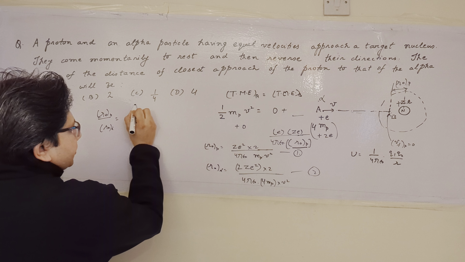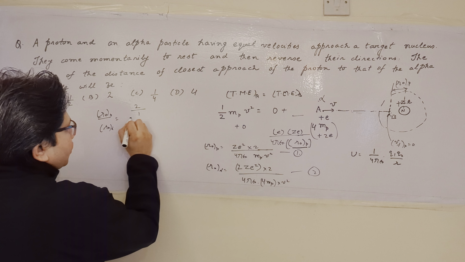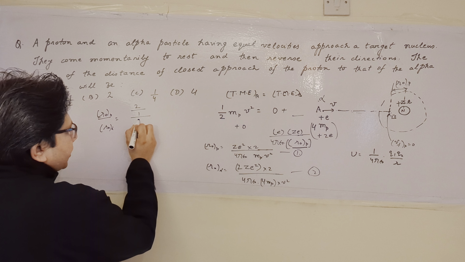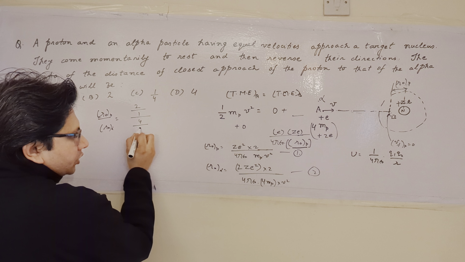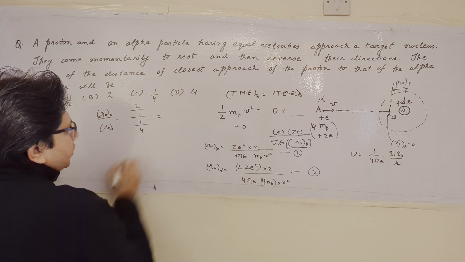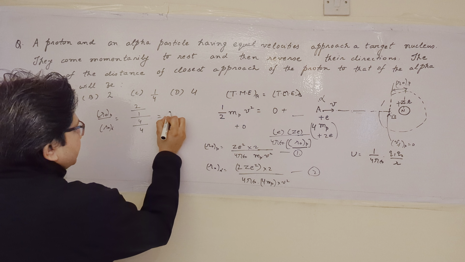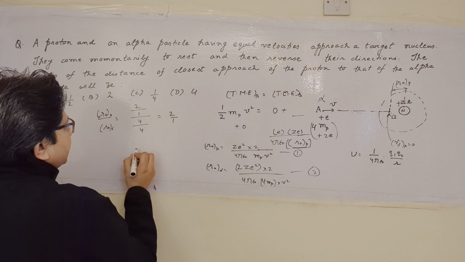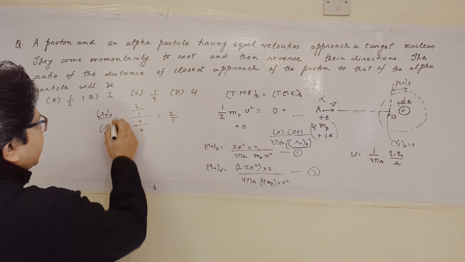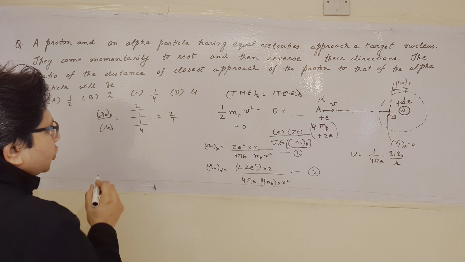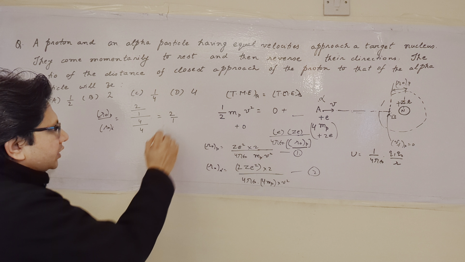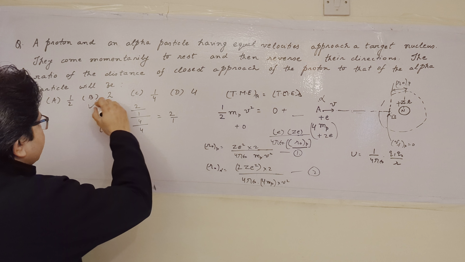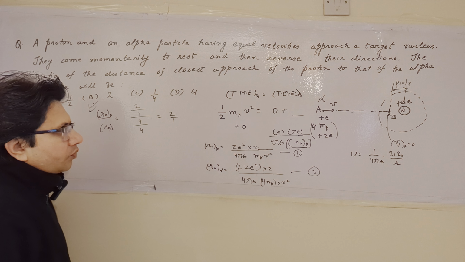So here we get 2 upon 1 divided by 4 upon, this is 4. So this comes out to be 2 upon 1. Or in other words, we can say that the ratio of the closest distance of approach for the proton to the alpha particle is 2:1. So option B is correct here.